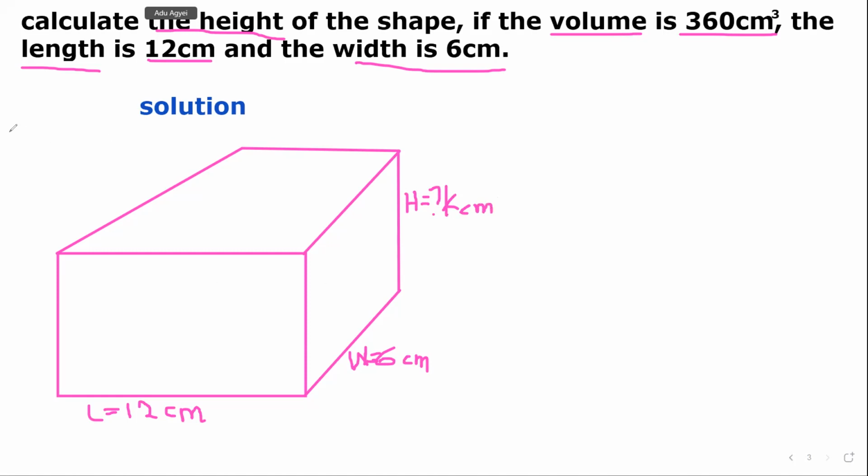The volume has been given to us as 360 centimeters cube. Okay, good. 360 centimeters cube. Now we are going to find the height of the shape. So let's use the formula. Then you state your formula here.